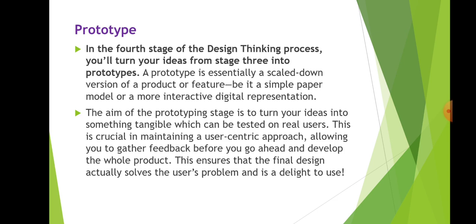The aim of the prototyping stage is to turn your ideas into something tangible which can be tested on real users. This is crucial in maintaining a user-centric approach, allowing you to gather feedback before you go ahead and develop the whole product. This ensures that the final design actually solves the user's problems and is a delight to use.